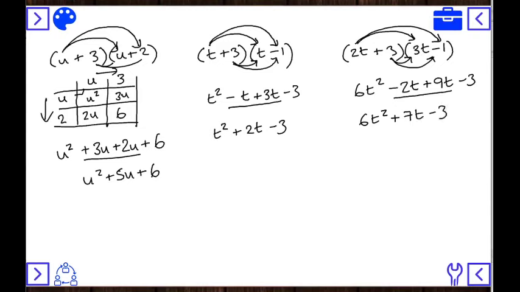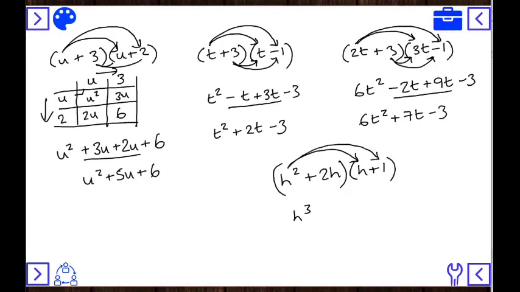Finally, the last one, and what I would consider to be a very hard one, so well done if you've managed to get this right. h squared plus 2h and then h plus 1. So with this, h squared is h times h, but if I'm timesing that by h, I get h cubed. h squared times 1, well, I've just got 1 lot of h squared, so that will just give me h squared.